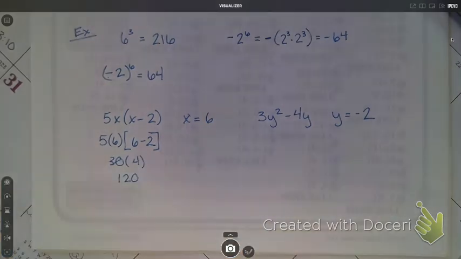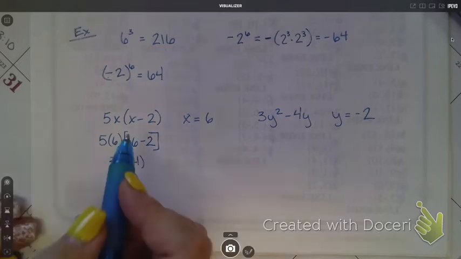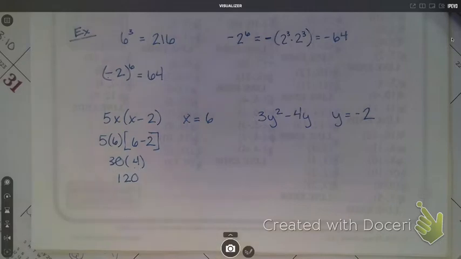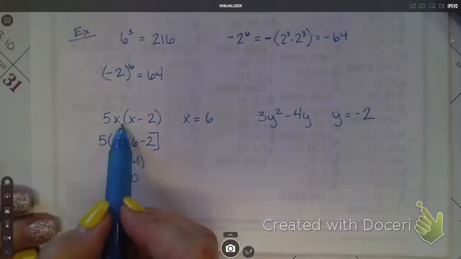So 30 times 4 is 120. I thought we were supposed to do parentheses first. Well, 6 minus 2 is 4. Oh, I didn't know it went to a singular parenthesis. And then just 30 plus 4? Where's a plus? There's no plus here. That's multiplication.